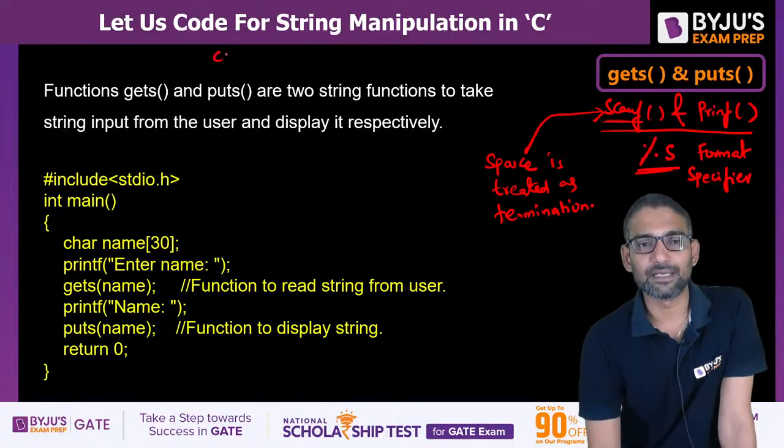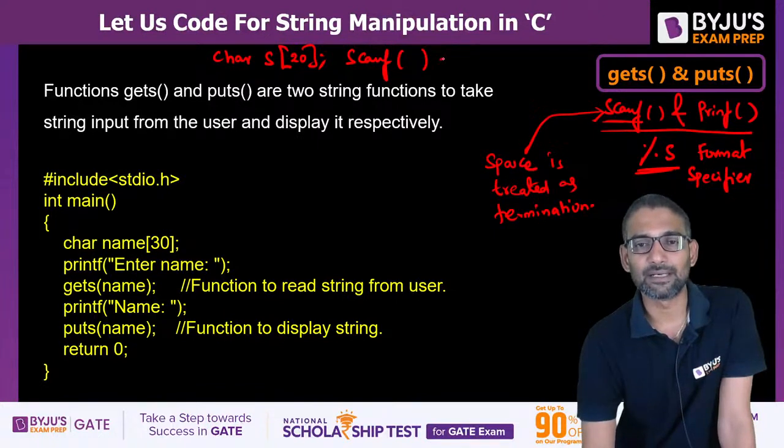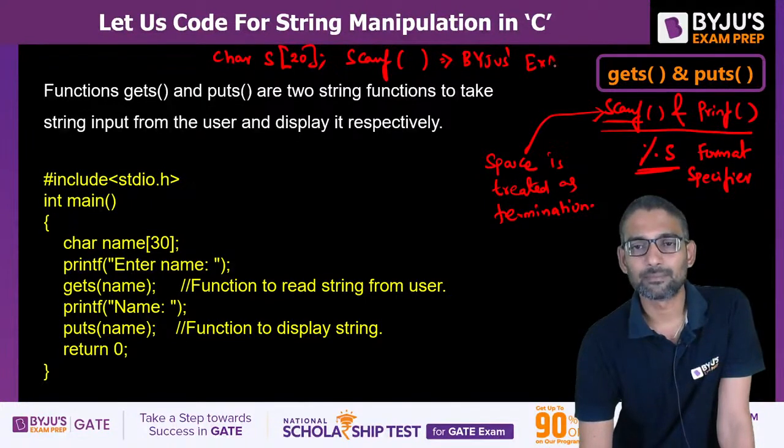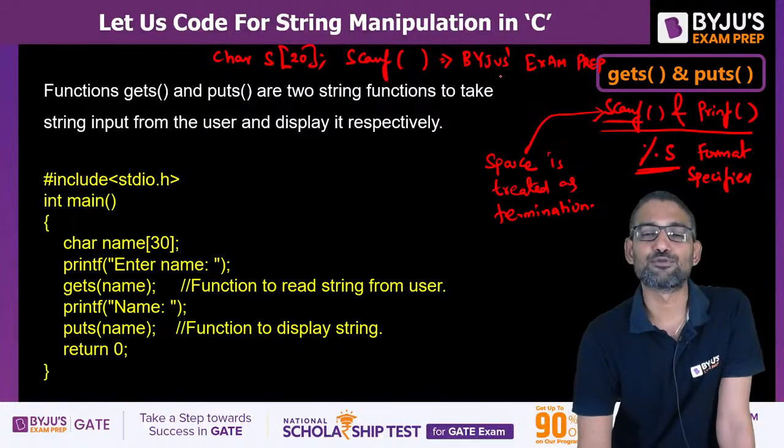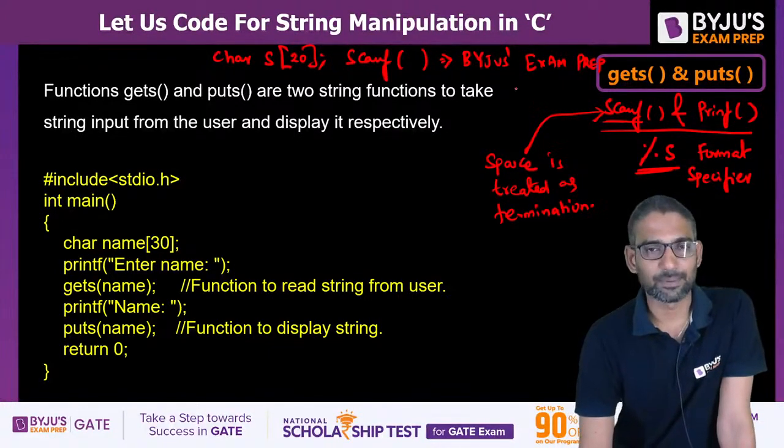Suppose I am creating a string array, char s of 20, and whenever I write scanf, suppose I enter BYJU'S exam prep. Okay, there is a space between BYJU'S and exam and prep.